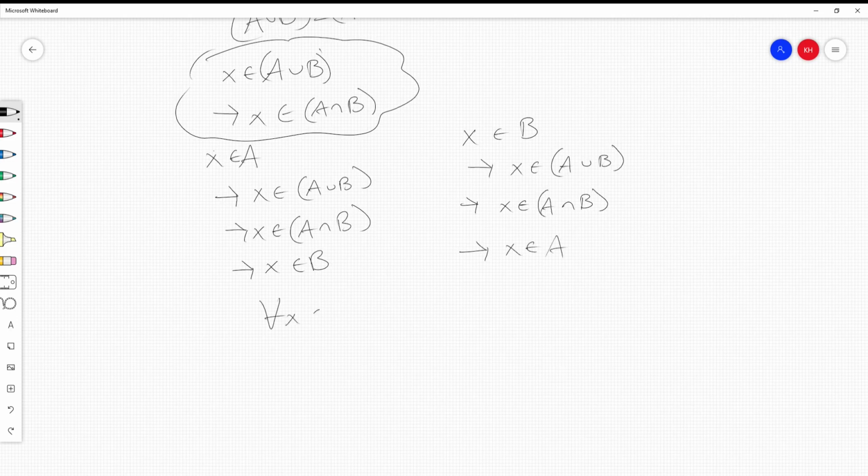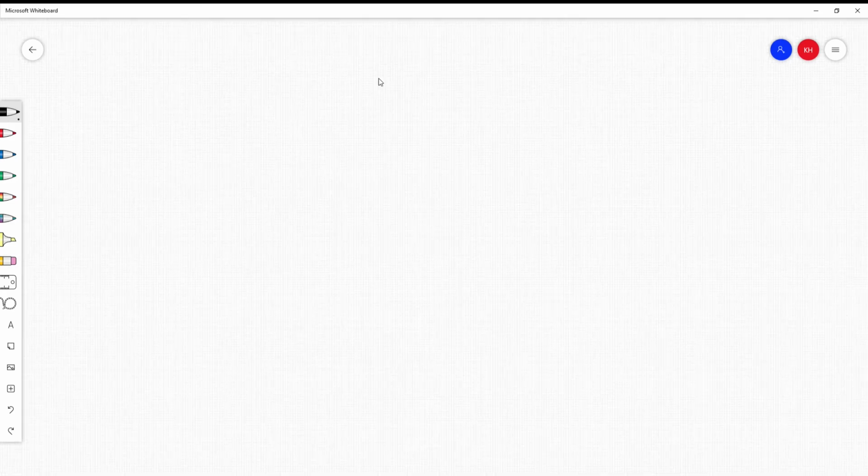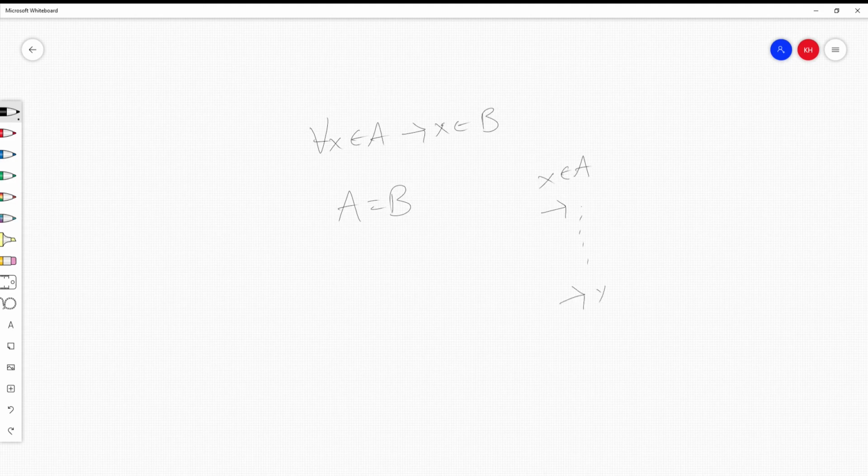So all elements in A are in B, and all elements of X in B are in A. And by proving that all elements of X in A are in B, and vice versa, we can then say that A is equal to B. You don't necessarily have to have for all X, but just having some kind of X in A, you have a bunch of steps, and then you get X is therefore in B, for all, and you can do it vice versa.